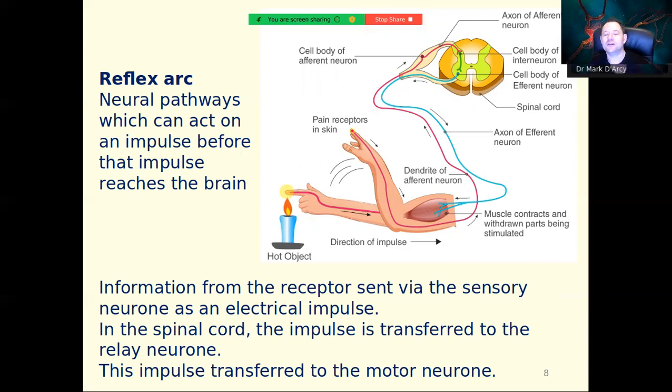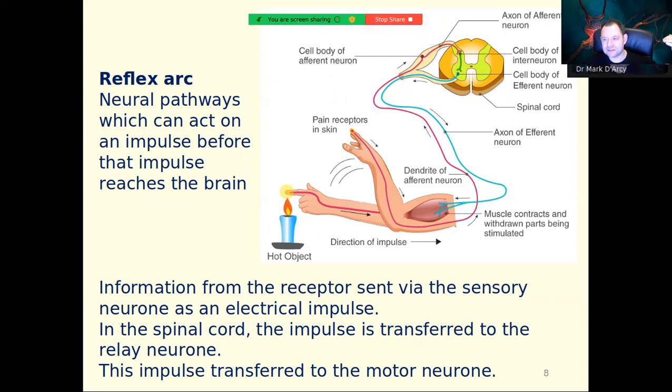So, for example, you touch something hot. This stimulates sensory receptors in your skin, thermoreceptors, heat receptors. They will then stimulate the firing of the sensory neuron, which will send a signal up towards your central nervous system. By the way, this pathway is known as the afferent pathway.